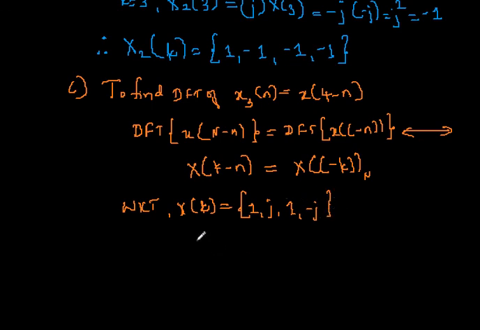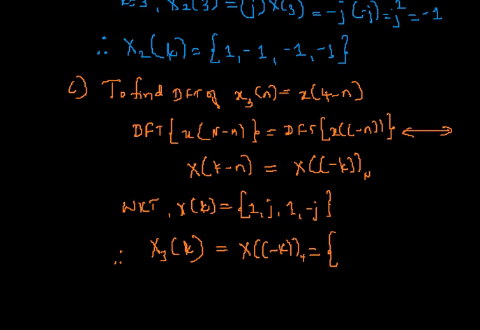What I want now is x of minus k, which is nothing but x3 of k. Therefore, x3 of k is nothing but x of minus k. What is x of minus k? It is a shifted sequence, or to be precise, a reflected version. Minus k indicates a reflected version, or the mirror image, of this sequence.